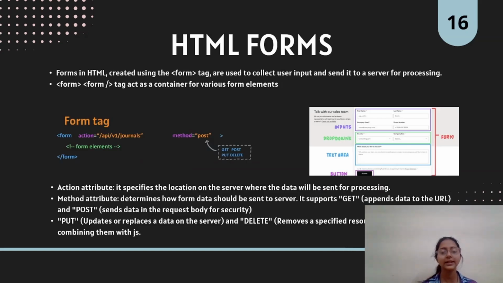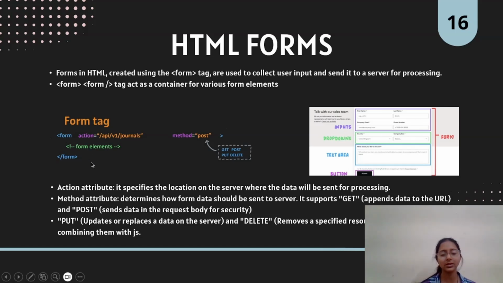Okay. Then next is the HTML forms. HTML form is one of the very important topics here. Every form you see has a name field, a field where you can enter your number, password, a drop down, a radio button, check boxes, and so on. These forms are made by using the form element.